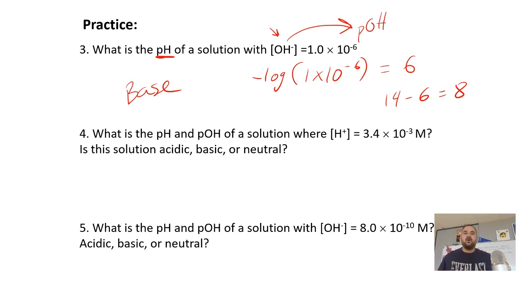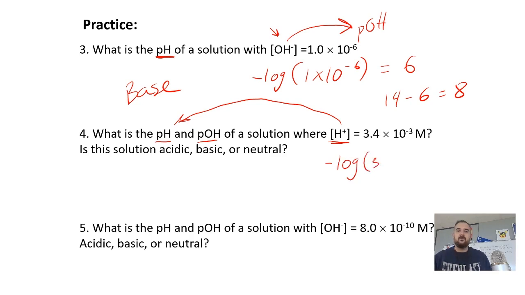All right, let's go over this one real quick. For this one, they want the pH and the pOH, and they give us the H plus. So what can we calculate first? We can calculate the pH. What is the pH that you guys got from negative log of 3.4 times 10 to the minus 3? All right, so pH is equal to 2.5.